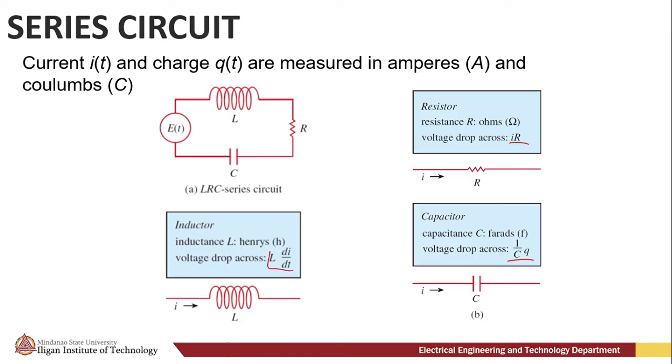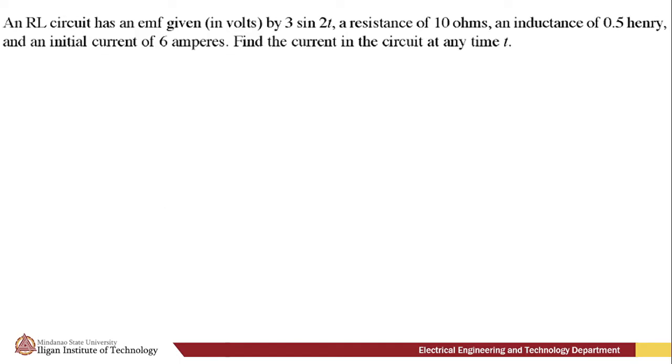To apply differential equations for solving series circuits, we have here an example. An RL circuit has an EMF given in volts by 3 sine 2t, a resistance of 10 ohms, an inductance of 0.5 henry, and an initial current of 6 amperes. We are tasked to find the current in the circuit at any time t.